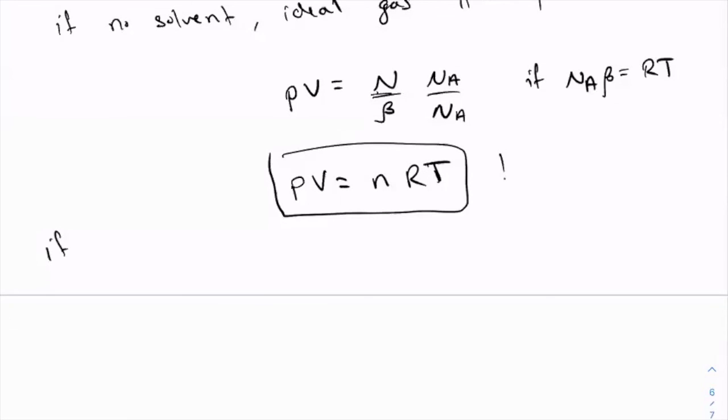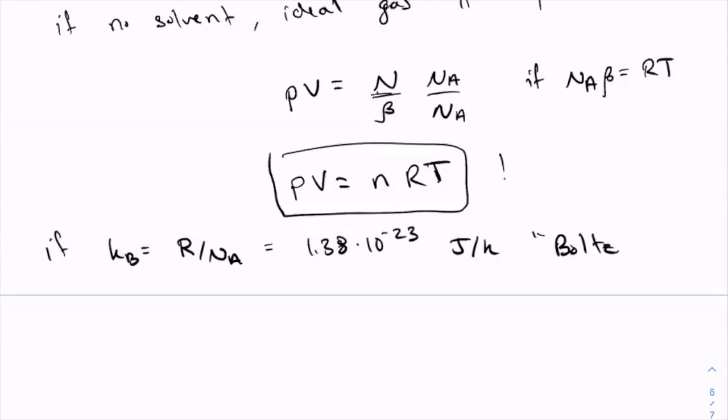In fact, if we let Kb be R over Na, the R, the ideal gas constant, over Na, Avogadro's number, that's a number that has a value in a specific unit system, which is really small, joules per Kelvin, for example. We'll call that Boltzmann's constant.